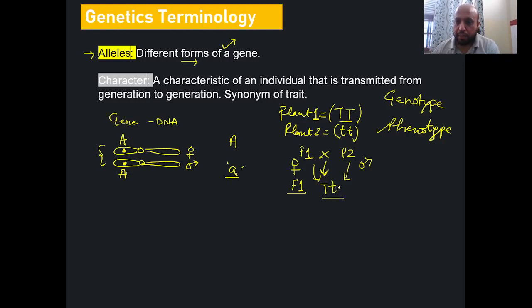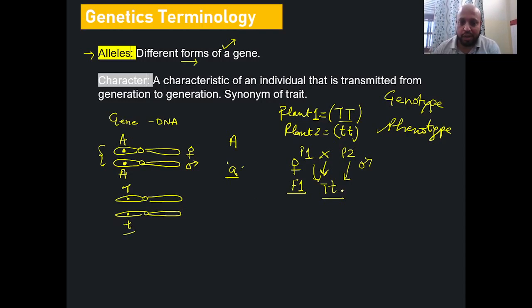Now if we have to draw this chromosome again to explain the concept of the alleles, this is a position and it is denoted by capital T, and in the exact position you have an alternate form, which is called a small t.